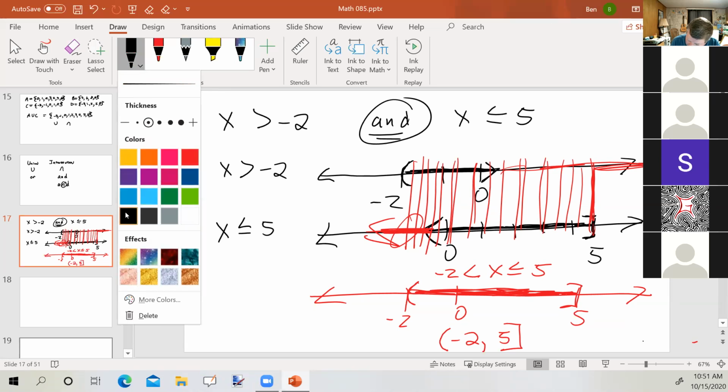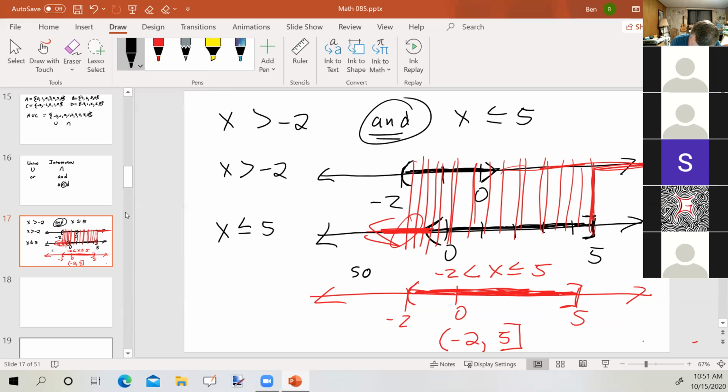So here we have the solution, the graph of the solution, and the interval notation of the solution. They're all saying the same thing. X is greater than -2 and less than or equal to 5. Do you have any questions about this particular example?